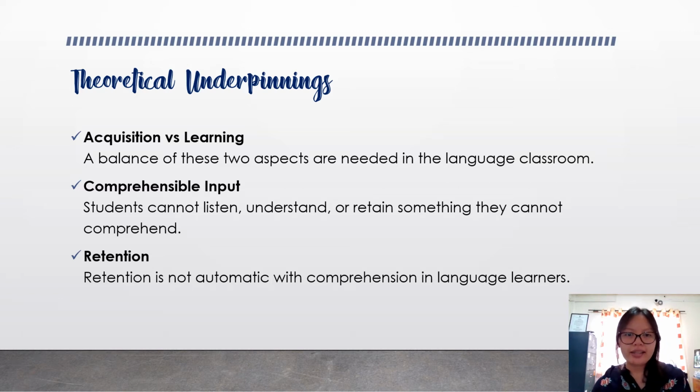So students cannot listen, understand, or retain something they cannot comprehend. So it's important that when we give them input, whether it's for listening or for reading, it's just I+1, one level beyond their current learning level. Because again, how can they remember something that they can't understand?